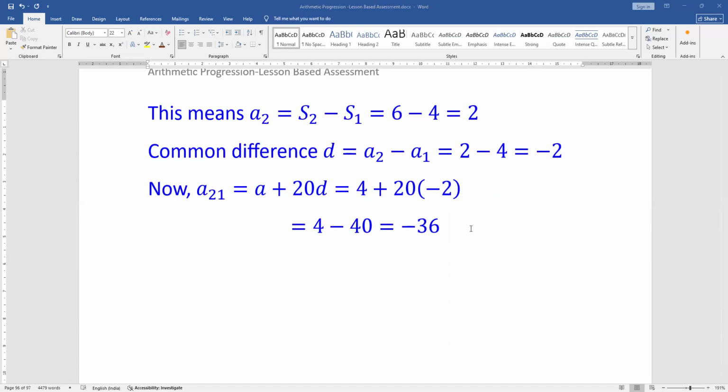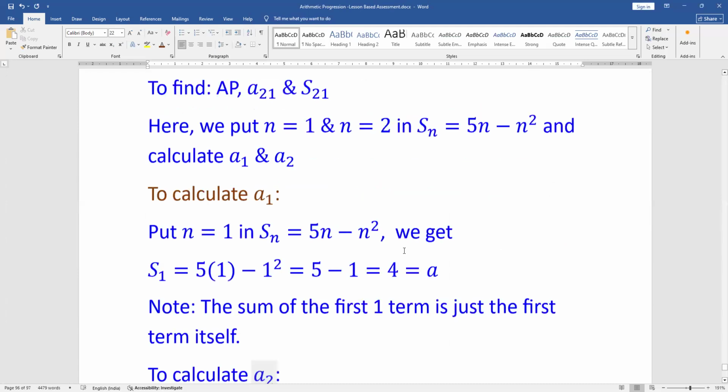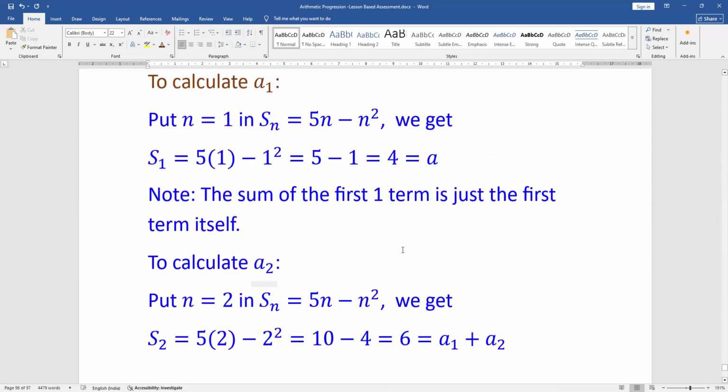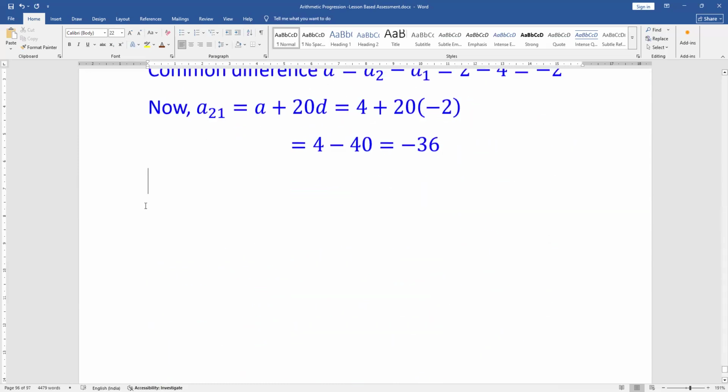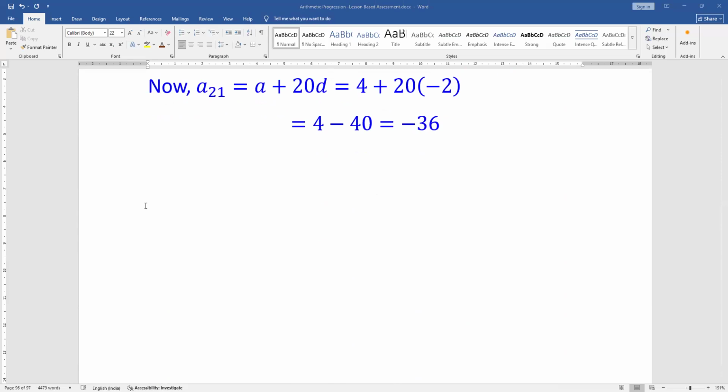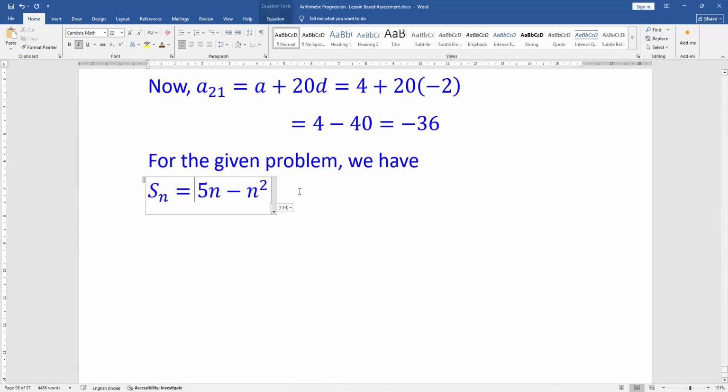Next they ask for S21, so we need to find S21. For the given problem we have Sn equals 5n minus n square, so we can easily find S21 from this.